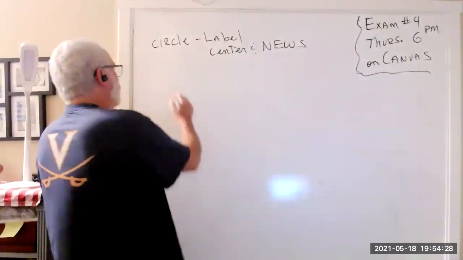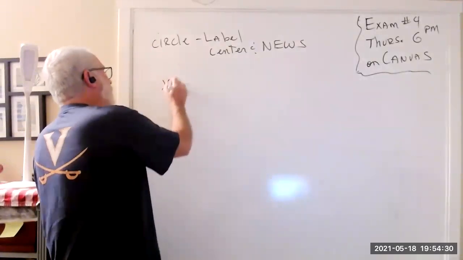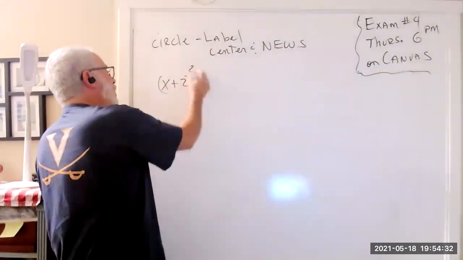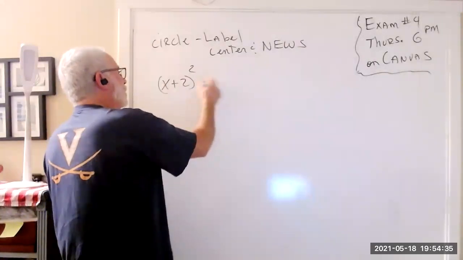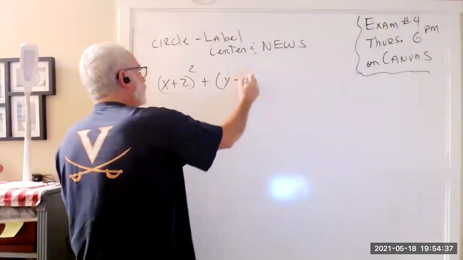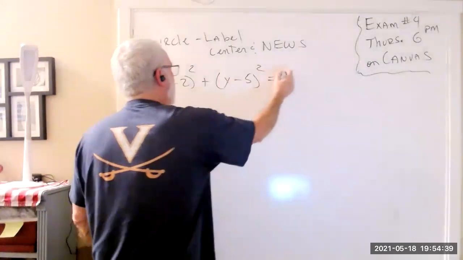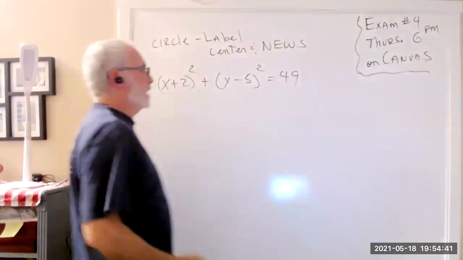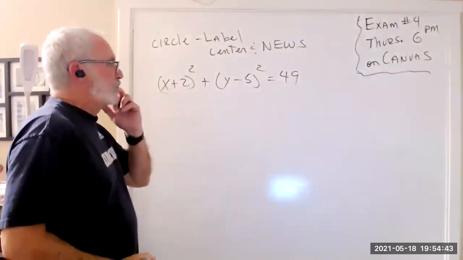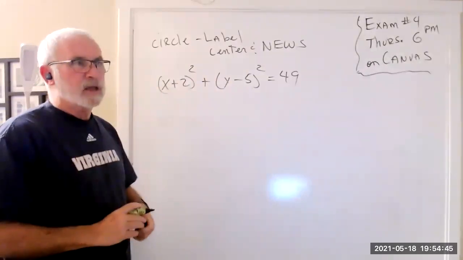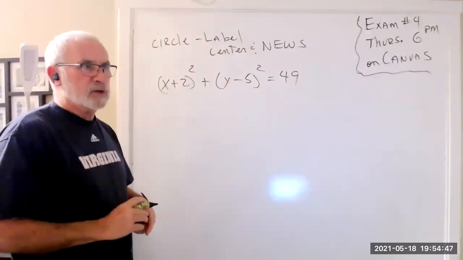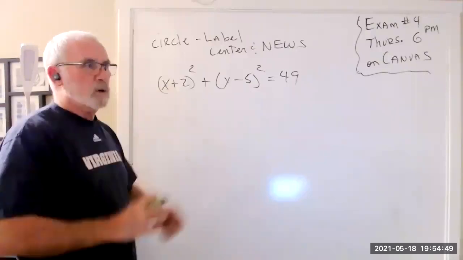So if you had, for example, (x + 2) squared plus (y - 5) squared equals 49. You guys want to take a real quickie and see if you can sketch it, labeling news? One question.